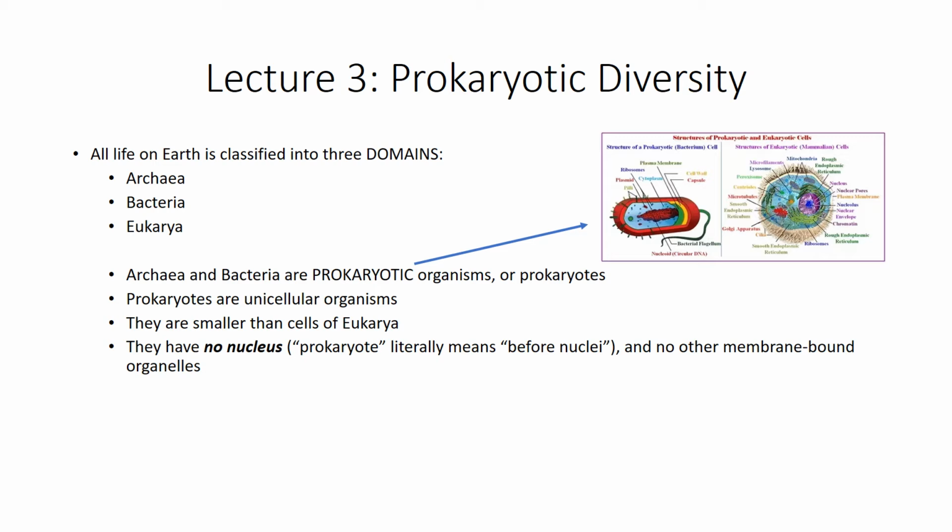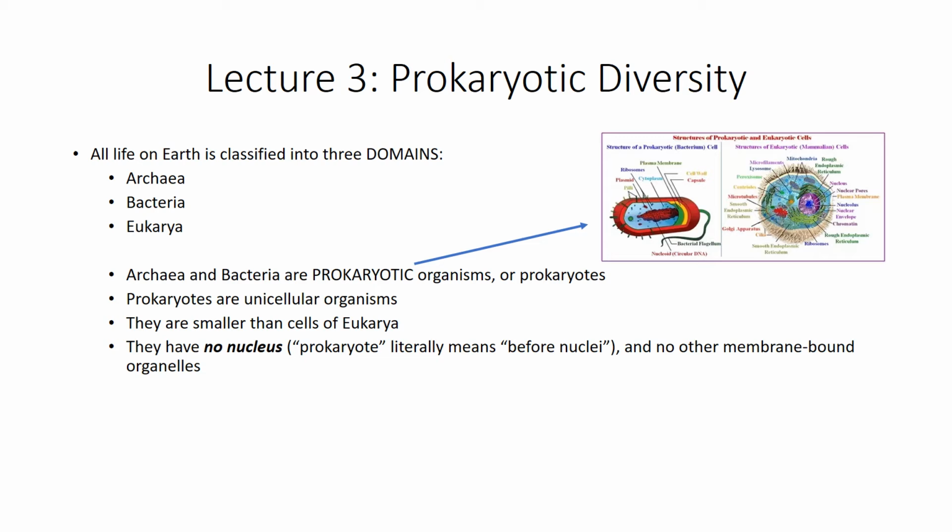So these are the cells which have no nucleus. That's their paramount feature. They also are all unicellular, so one cell is one organism. They're smaller than typical nucleated cells or eukaryotic cells, and again, they have no nucleus.